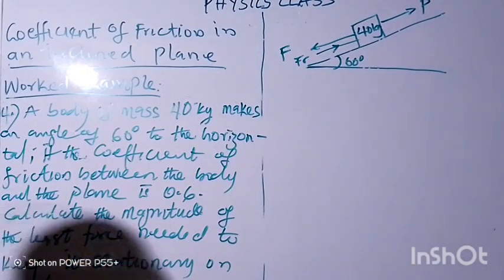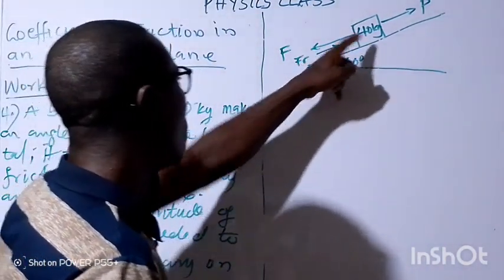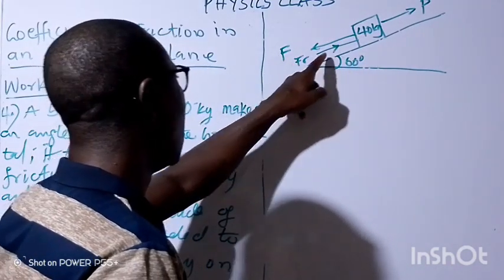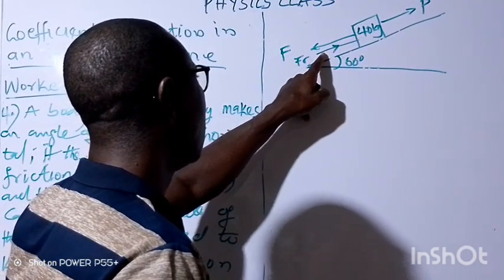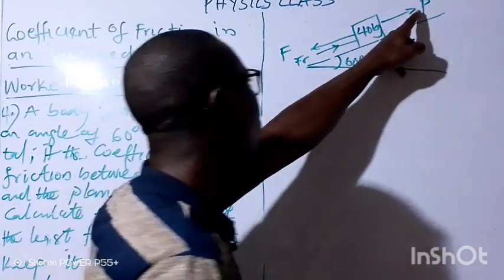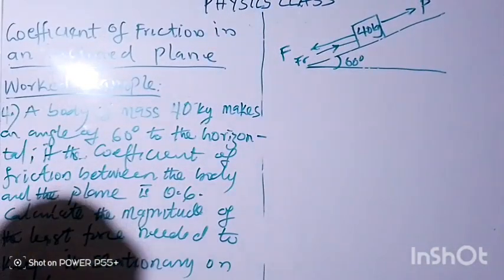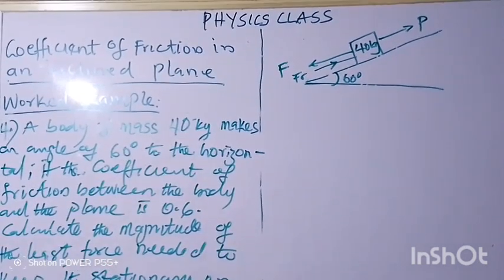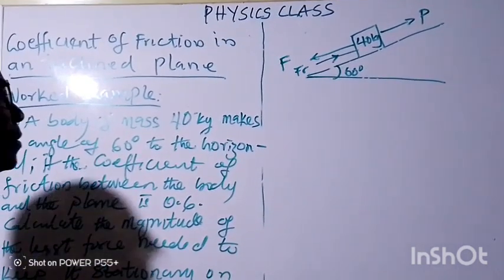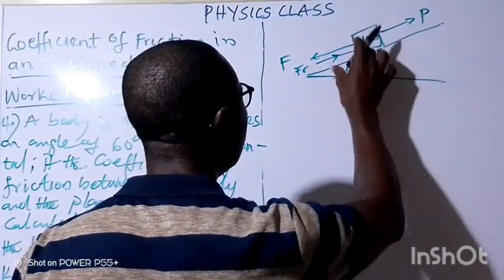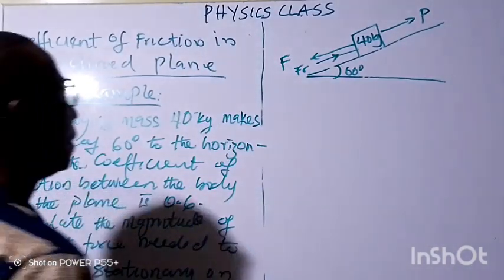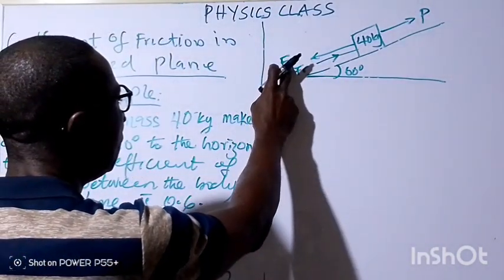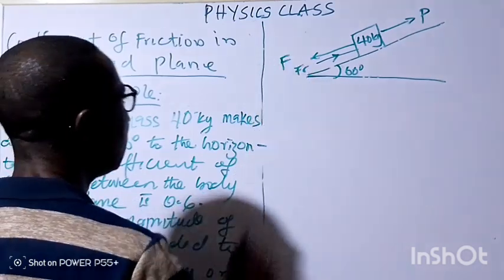For the body to not slide down, this is the force that will slide it down. Then this one will be opposite to it. So to keep it stationary, another force must be applied along this direction. So from what is on the board now, to keep this body stationary, it means the force needed will be equal to the horizontal constant force minus the frictional force.